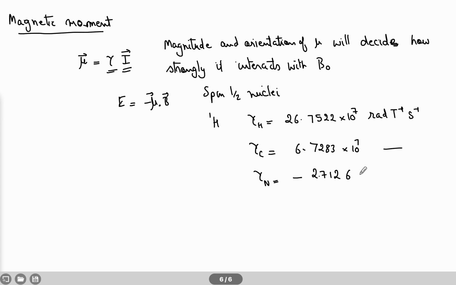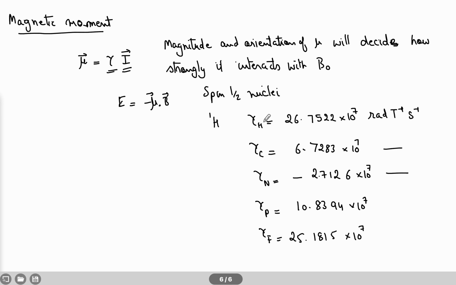Why we are writing these values, I will tell you in a minute. Same units. Gamma of phosphorus is 10.8394 times 10 to the power 7, and similarly gamma of fluorine 19F is 25.1815 times 10 to the power 7.